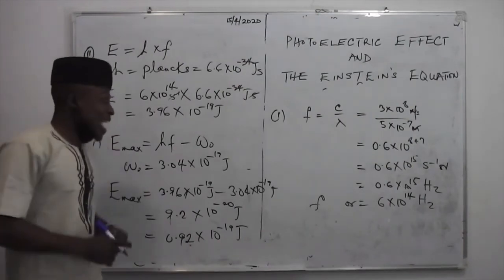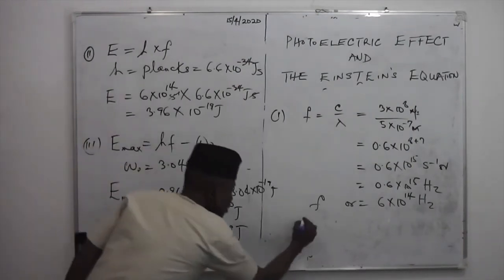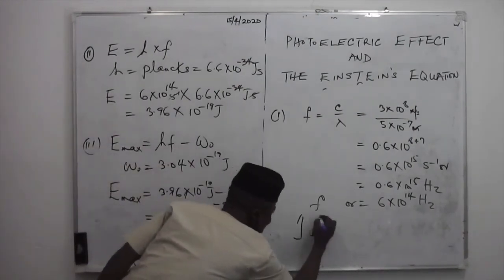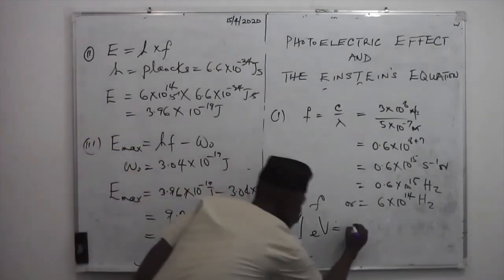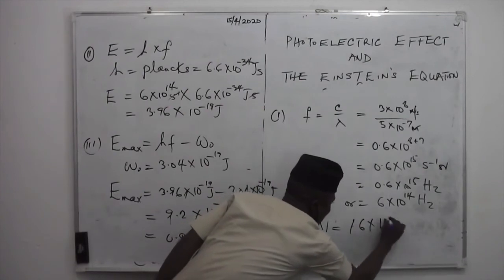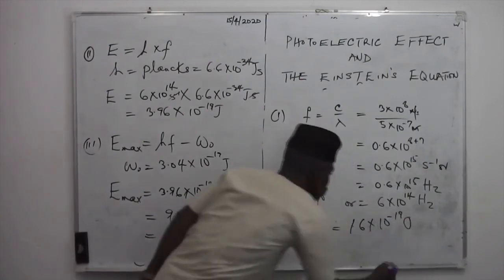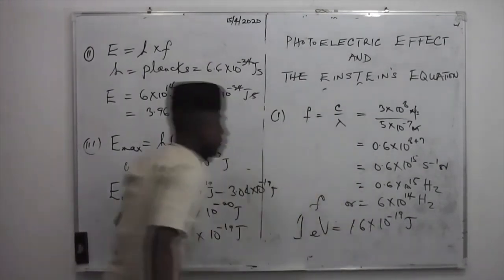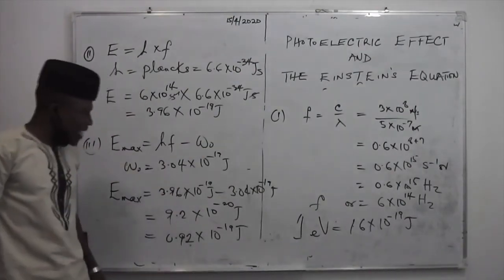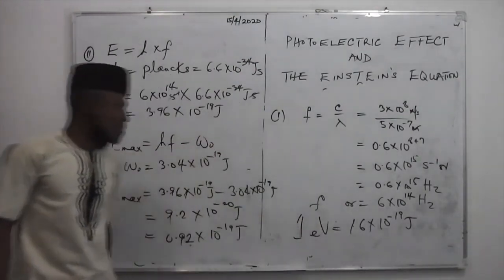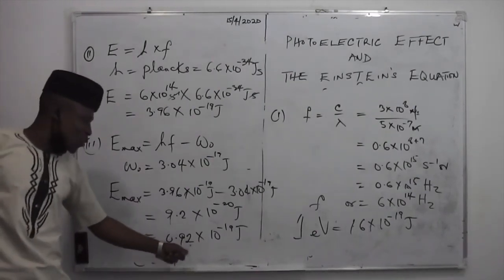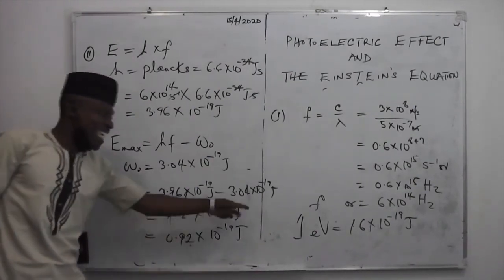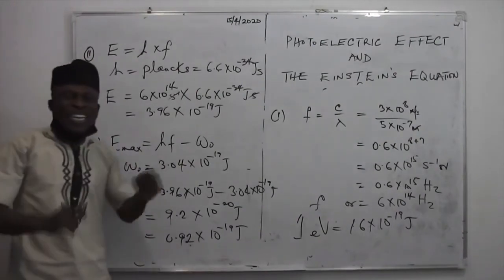One electron volt, the unit for energy of particles, is equal to 1.6 times 10 raised to minus 19 joules. With that understanding, the number of 1.6 times 10 raised to minus 19 joules found here will determine the maximum kinetic energy in electron volts. But we are not going to do that now. That will be in another class.